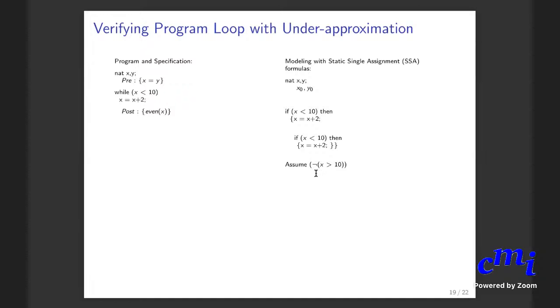And then at the end I'm putting a statement called assume: I get to this point only if the negation of the loop condition holds. So that is X is less than or equal to 10. What does this program actually denote? What is this program that I have here?